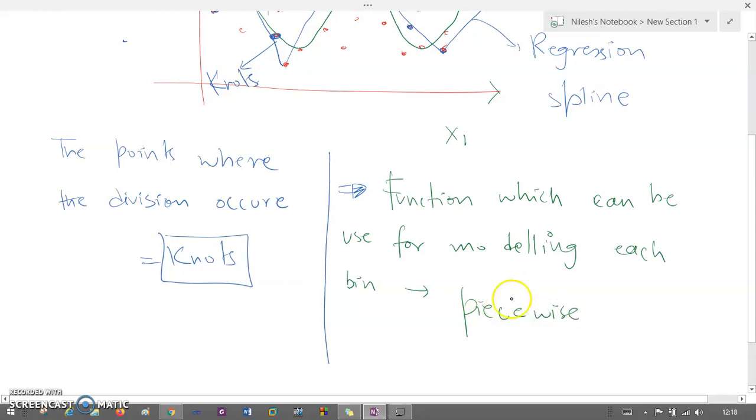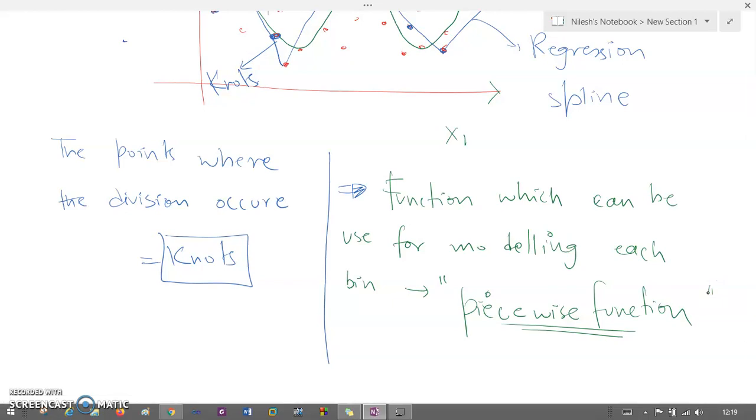So instead of using a polynomial function, we are using a piecewise function. That is nothing but a polynomial function itself, but we are using a separate polynomial function for separate bins. So it is cumulatively known as a piecewise function.